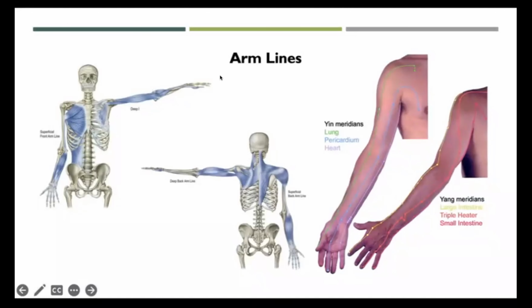These two other channels are also closely associated once you observe, and the same for the back line. For the three channels that run along the back of the arm, whether it's the deep back arm line or the superficial back arm line, these three channels occupy the same region, the same space.